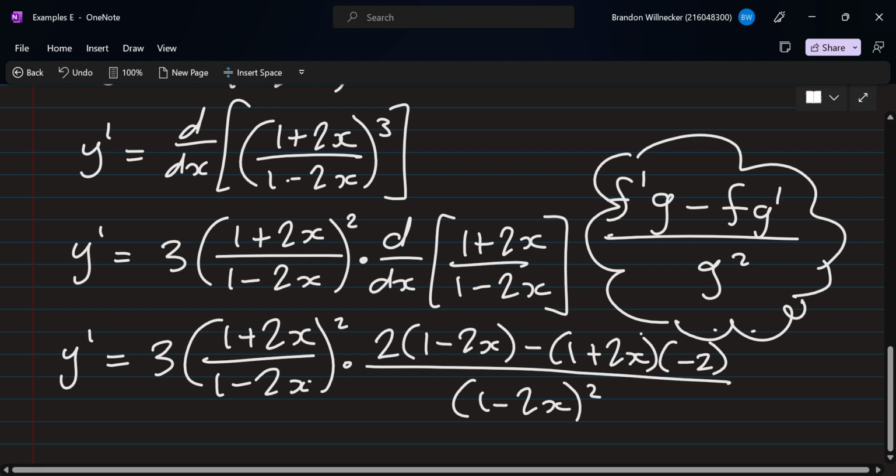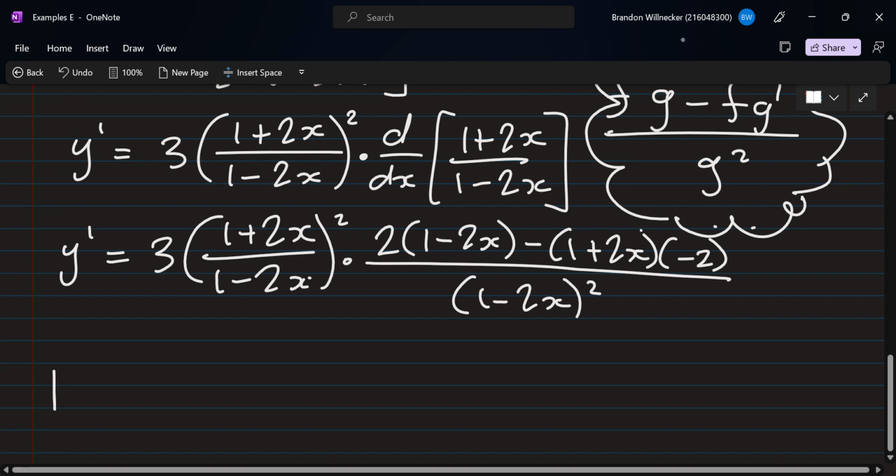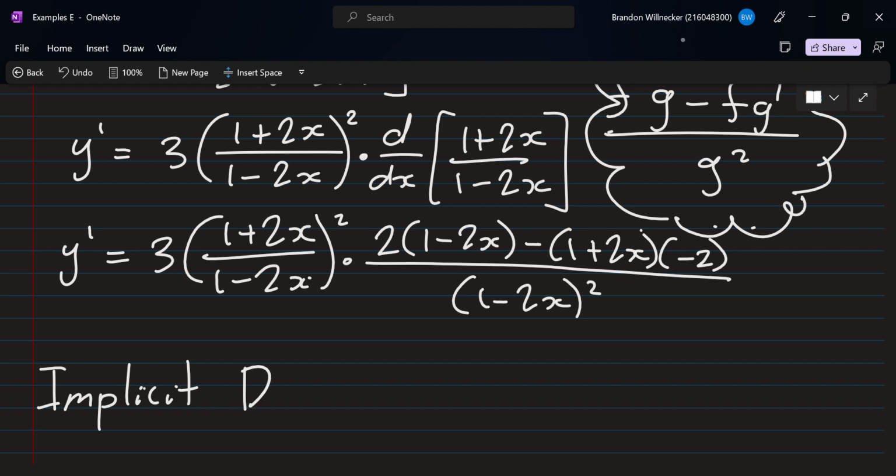So just a brief recap of the different rules. In the next lecture, we're going to be looking at implicit differentiation. That's when we write something of this form, if we have something like x squared plus y squared is equal to 1, and we want to find y prime.